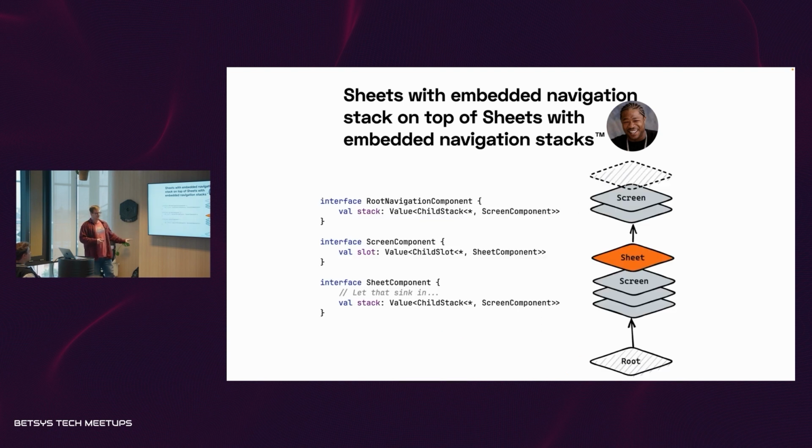This is how you would model this situation in Decompose. I'm going to let you sink in, because you have to really wrap your head around it, but once you get it, it's really nice that you have this possibility.